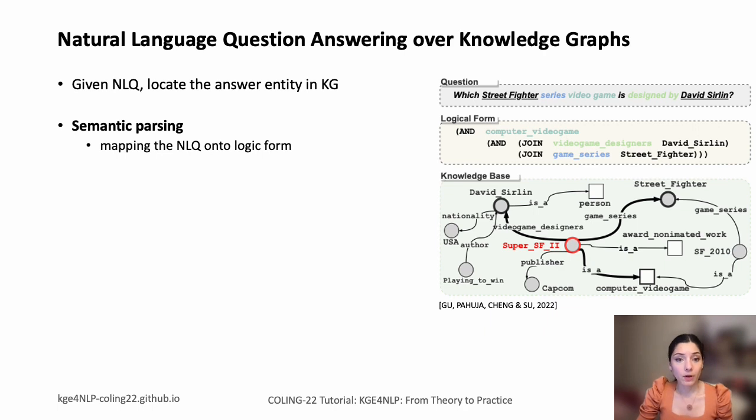The predominant approach in question answering over knowledge graphs is semantic parsing, which is mapping of the natural language question onto logical form. When questions and answers are expressed in natural language, however, it is not straightforward to map them to strict logical queries because of the semantic gap issue mentioned earlier.